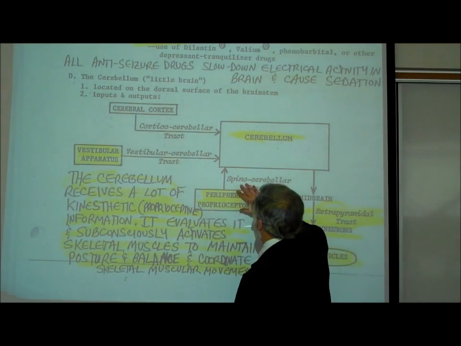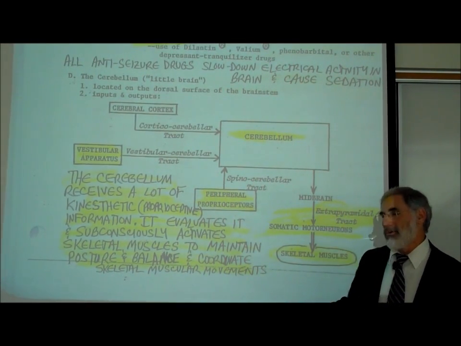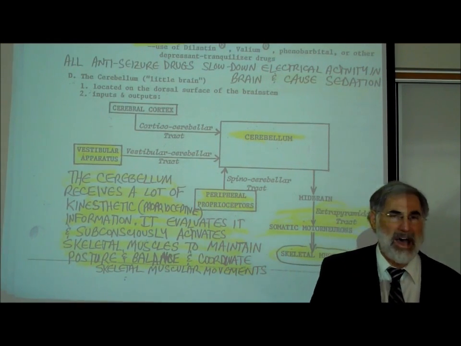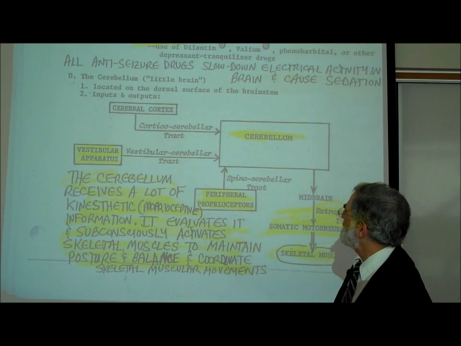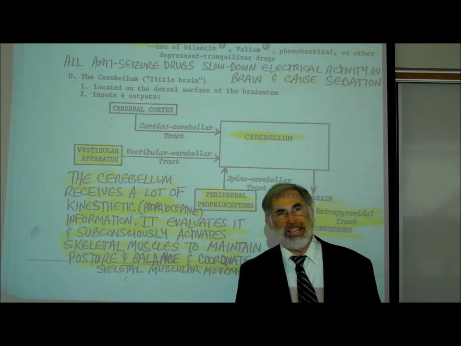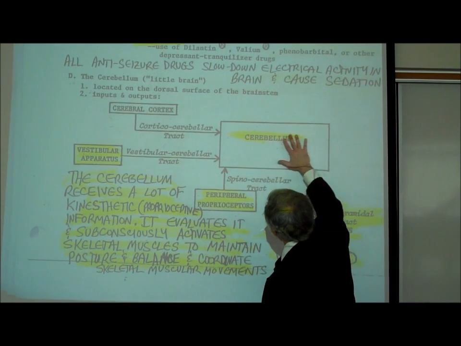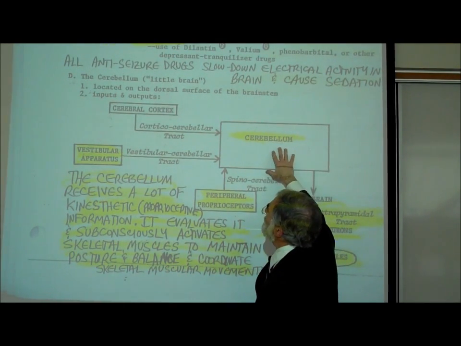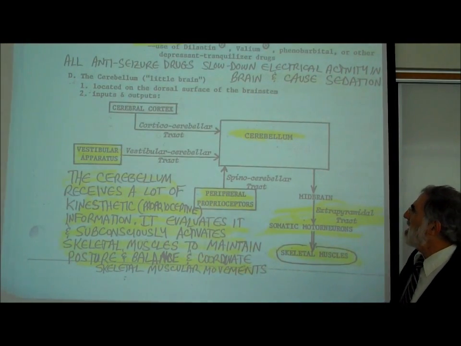It also receives a lot of sensory information from peripheral proprioceptors throughout the body: muscle stretch receptors, proprioceptors in the joints and in the tendons. And the cerebellum assesses all this information as well as receiving signals from the cerebral cortex.